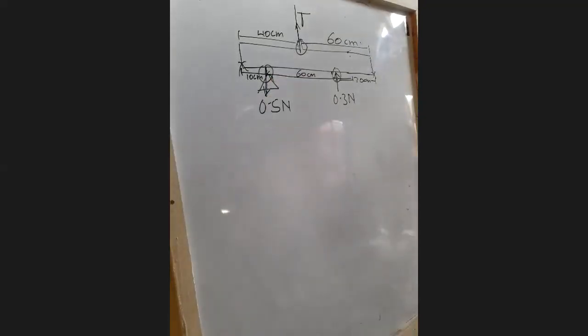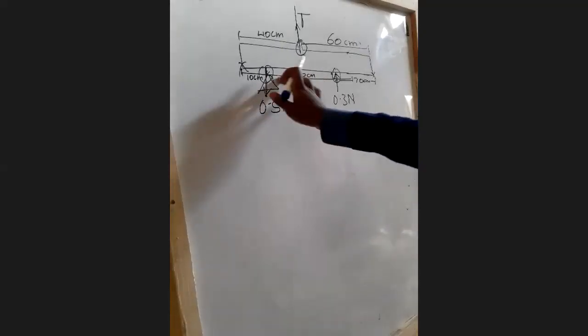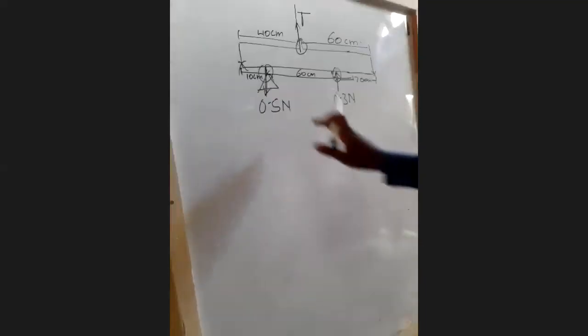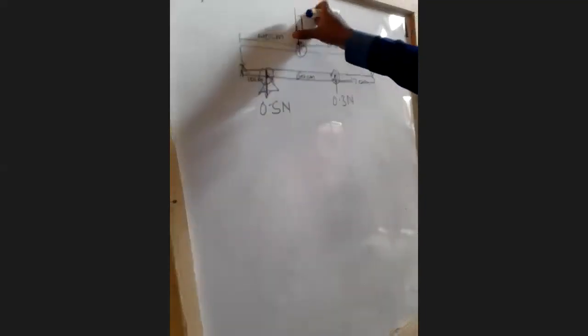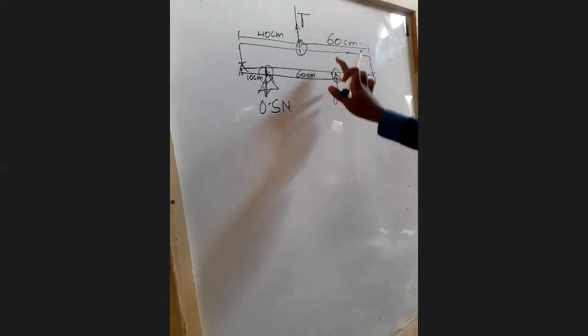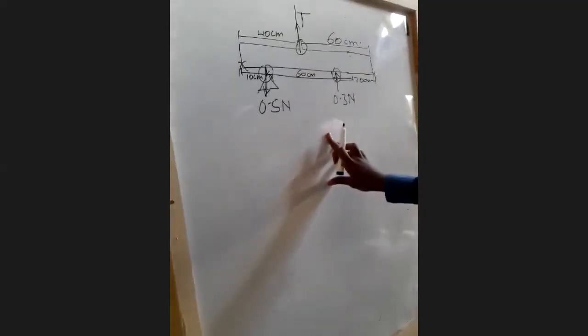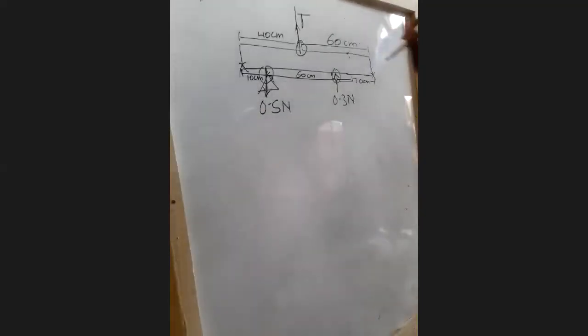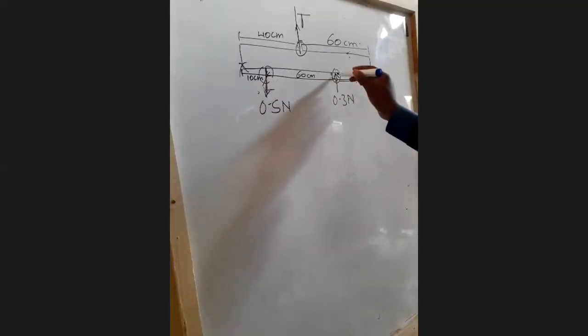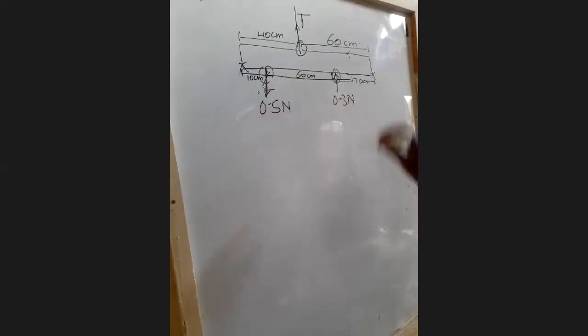Now, if I take my moment at this point where the 0.5 Newton is acting, and then assume there is no force tension, only the force of 3 Newton is acting, you will find it is pushing it up. So the body, just a minute, sorry. Let's take our moment at this point, 0.3, yeah.